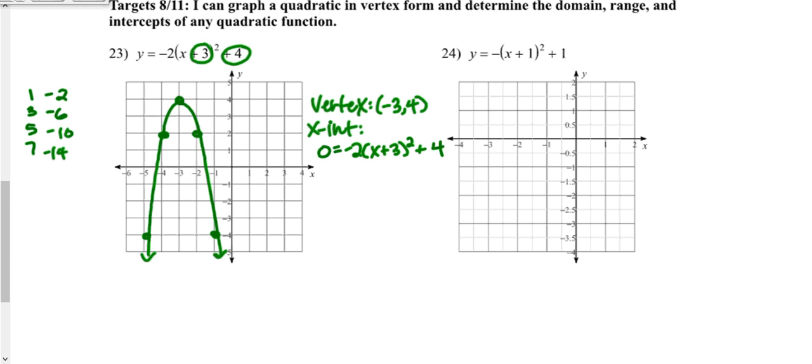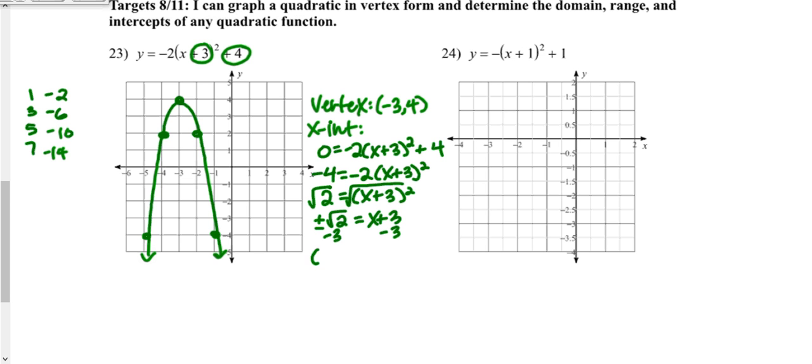So I'm going to start by subtracting that 4 over. And then I'm going to divide by -2. So that gives me 2. Then I'm going to take the square root to get rid of that. So that would be plus or minus square root of 2. That doesn't simplify. And then I'm going to subtract this 3 over.